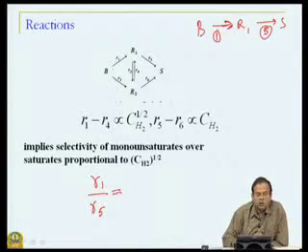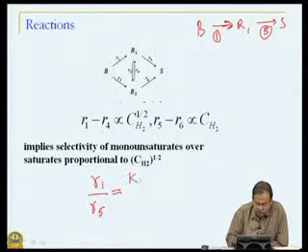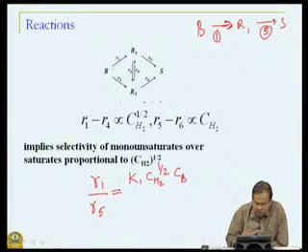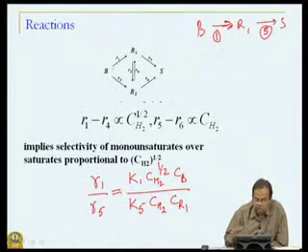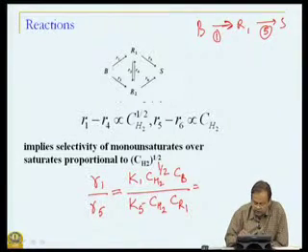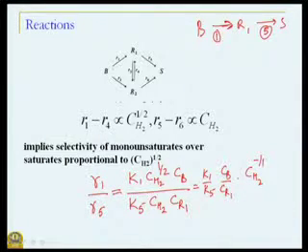So, this would imply that R1 is K1 hydrogen concentration raised to half Cb, and R5 is K5 hydrogen concentration Cr1. So, this we can now write as K1 by K5 into Cb by Cr1 into concentration of hydrogen raised to minus 1/2.